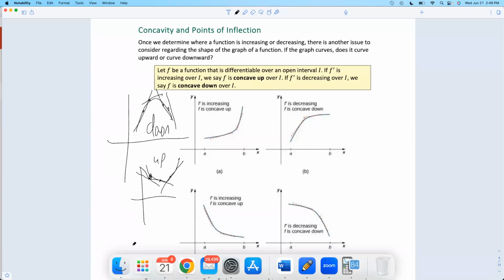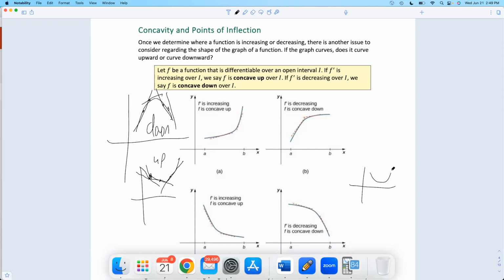Now, you don't have to memorize that. I'm going to be honest with you, I didn't remember which way it went until I figured it out right before I said it. The way to think about concavity is a concave up graph looks like a bowl sitting on your table. You're about to make some cereal, and you got your bowl ready to pour the cereal into.